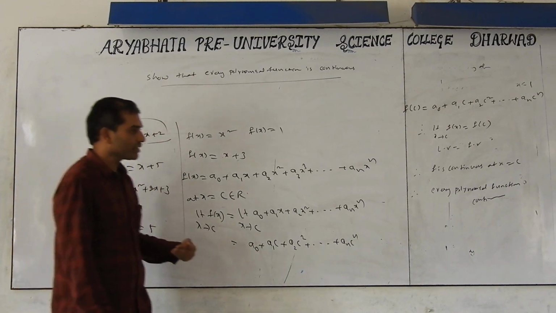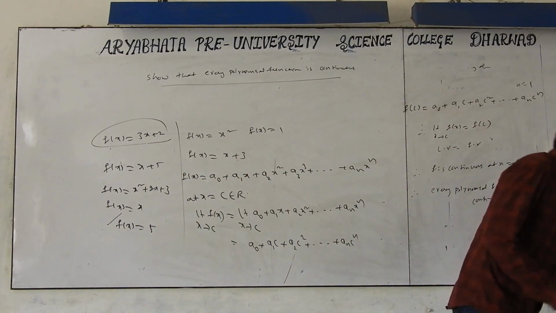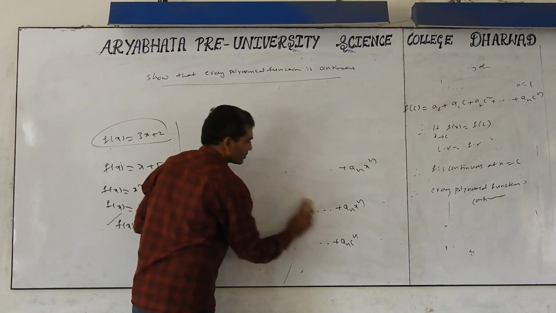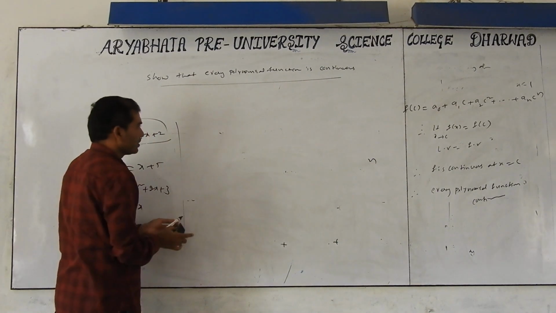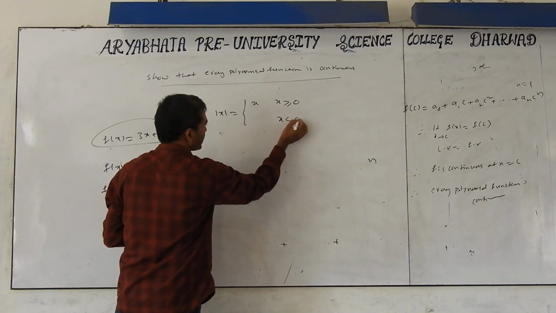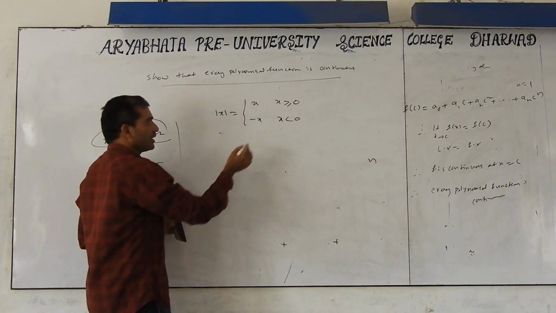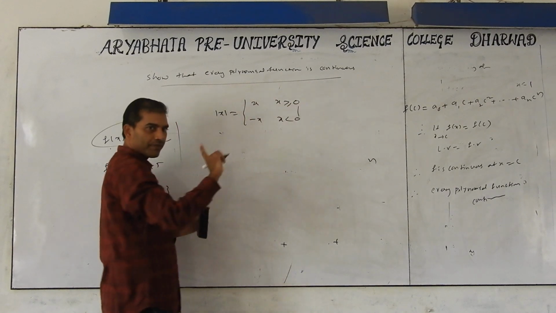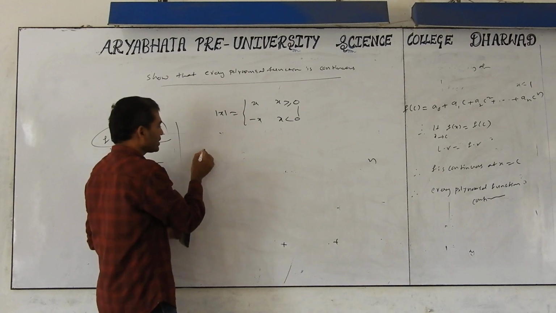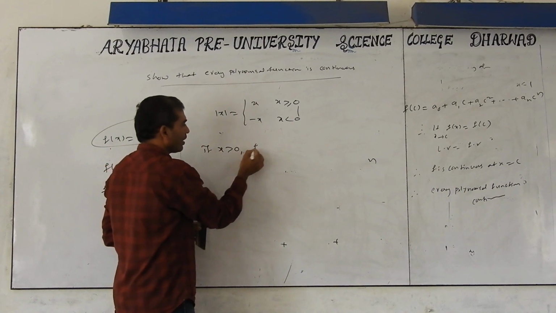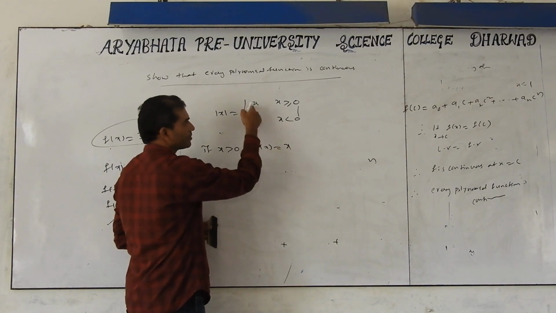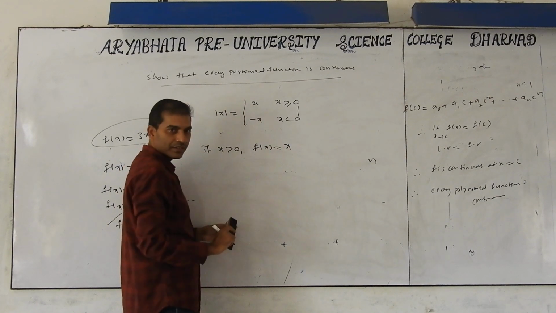Just now we have discussed mod x. f of x equals x when x is greater than 0, and minus x when x is less than 0. At 0 we have checked already, left limit and right limit, because it's changing. But other than 0, if x is greater than 0, f of x equals x. What is this?